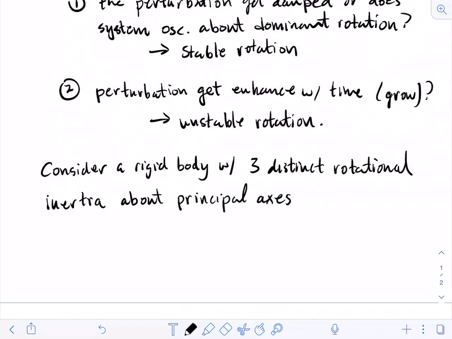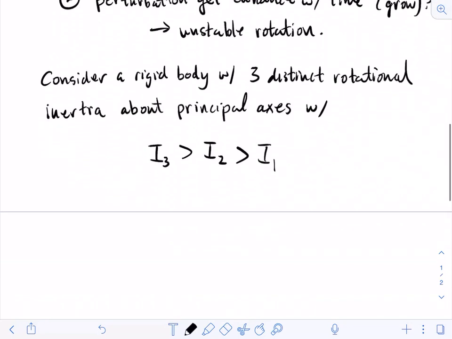So we have I1 not equal to I2 not equal to I3, and we're going to make the choice that we'll take the third principal axis to be the one that has the largest rotational inertia. Then we'll take the second one to be the one with the second largest, and the final one will be the principal axis with the smallest rotational inertia.